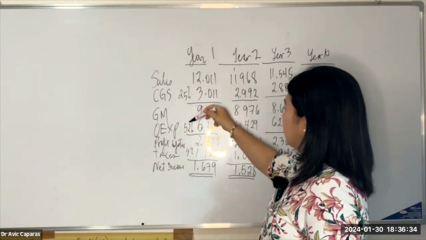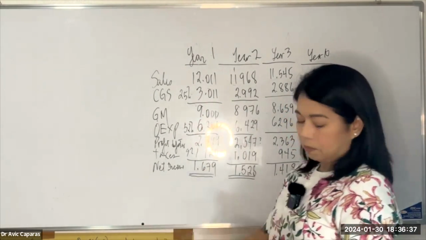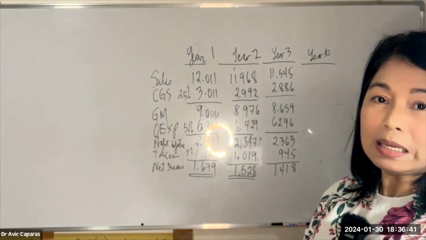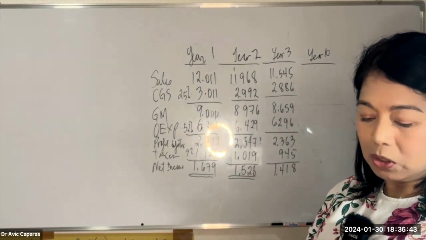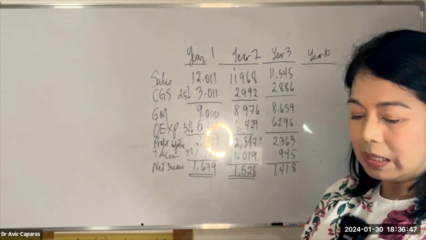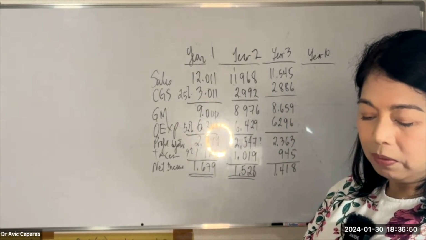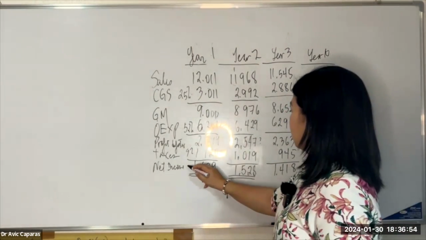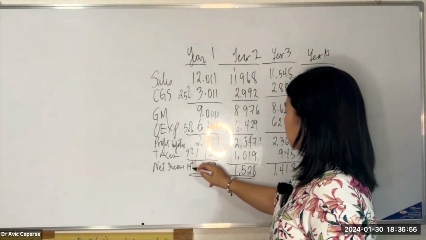Add 25, 52, and 9. But actually, we are missing the profit. What is the net income? What is that in terms of percentage of sales? So net income in year 1 of 1,679 divided by 12,011 is 14%.